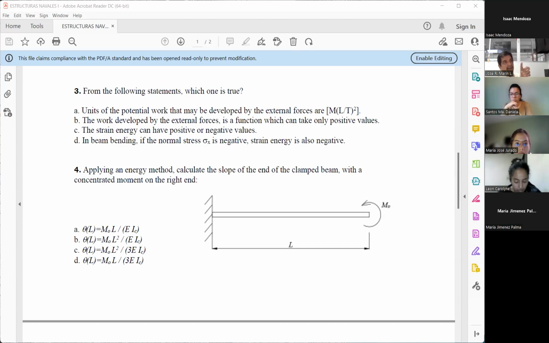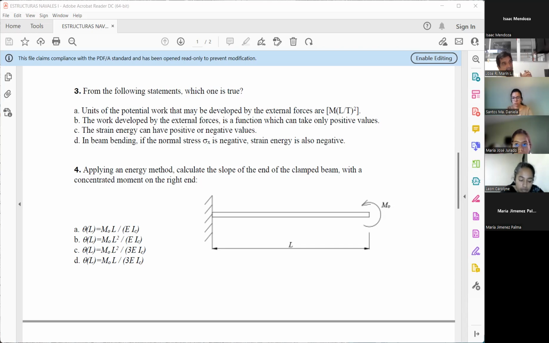So Ms. Jurado said that this is a statically determinate case. My question is, how many reactions do you have here that you don't know? Reaction in A and moment in A. Remember that when we talk about reactions, that's a general name. It could be force or it could be moment.